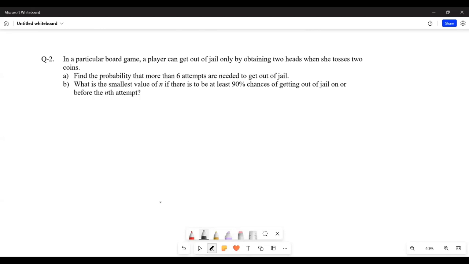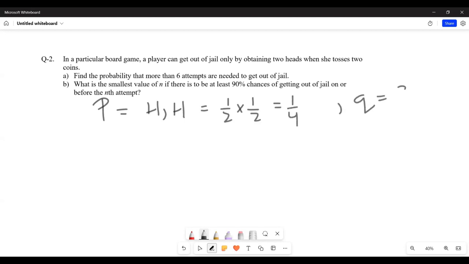So again, this is geometric distribution. Keep repeating an event till you get a success. So the probability of success here is the probability of getting 2 heads. So that's going to be half times half. So 1 by 4 is the probability of success, making Q 3 by 4.